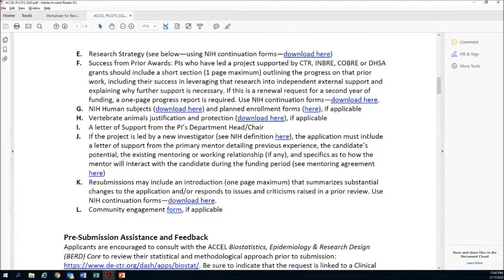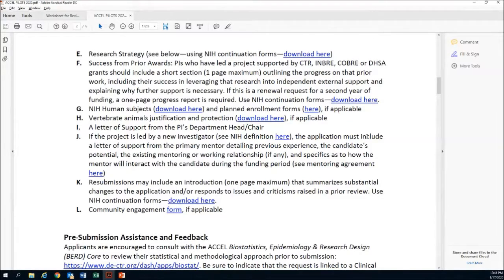Right, so it's specific to these grants. The CTR, which sponsors the ACCEL program, INBRE, which a lot of you know about, or any of the COBREs, I don't think DHSA, the Delaware Health Science Alliance, has sponsored grants in a while, but those grant mechanisms all have some unification around the types of research and the interactions of the institutions. And for the CTR, INBRE, and COBRE, they all roll up under the same overall IDeA program, Institutional Development Award program at NIH.